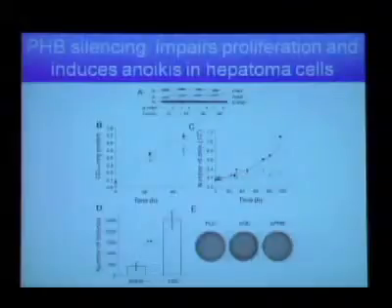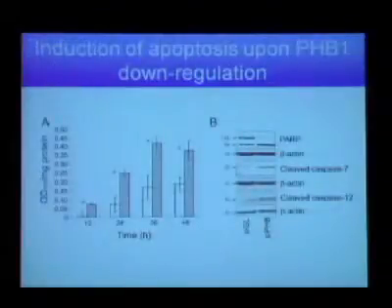In addition, the silencing of prohibitin also led to the loss of the capacity of hepatoma cells to grow in anchorage-free media in soft agar, as you can see here. So silenced cells die from anoikis. The deficiency of prohibitin triggered apoptosis. It was evidenced 12 hours after the silencing procedure, and it's a time-dependent increased reaction.